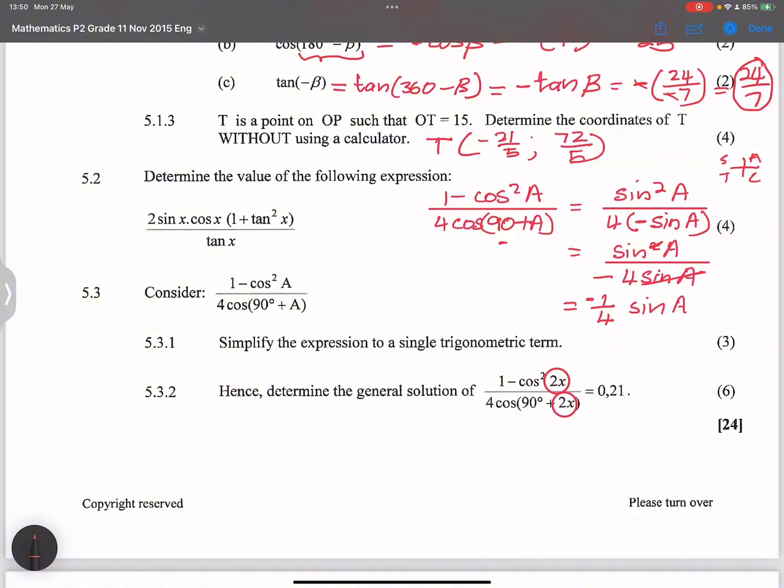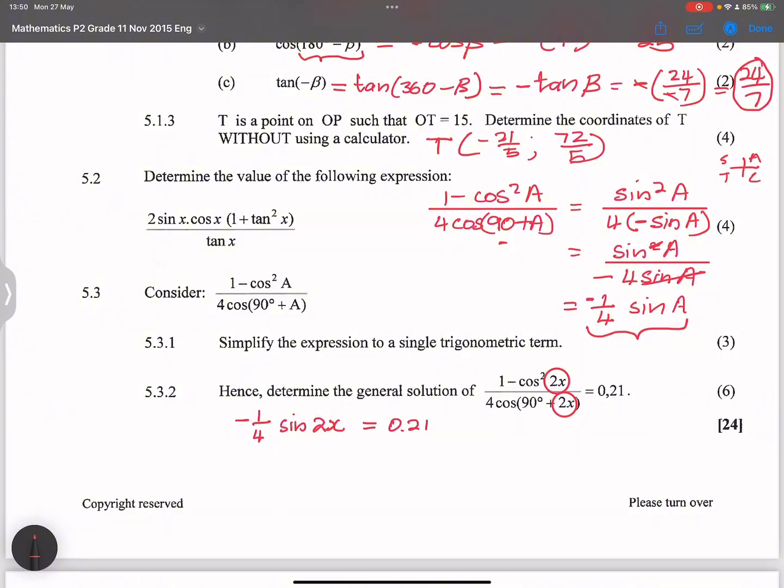And we know that for A, we simplified that expression to negative 1 over 4 sine A. So what does this mean? It means negative 1 over 4 sine, instead of A, I'm going to have 2x, is equal to 0.21.